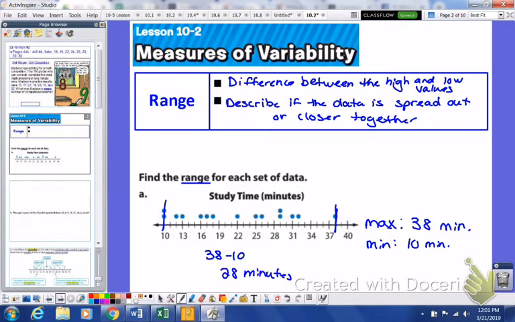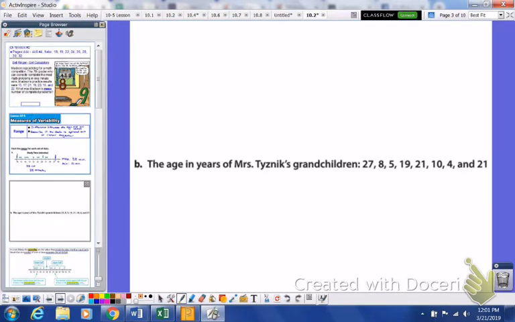All right, another quick example. The ages in years of Mrs. Tisnick's grandchildren are 27, 8, 5, 19, 21, 10, 4, and 21. So we get our maximum. If we go through here, they're not in order, so you can put them in order if you need to, or we can just pick out that 27 years is our maximum.